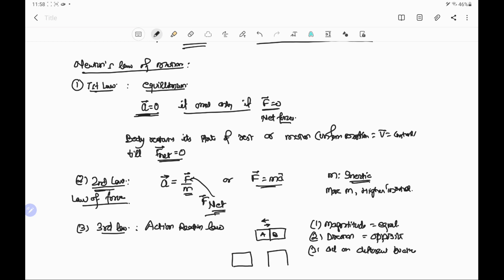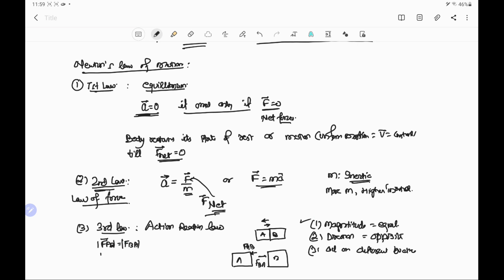Here we can separate these to draw the free body diagram. In terms of action and reaction, if this is A, this is B, this is the force on B due to A, and there is the force on A due to B. So we can say F_AB equal to F_BA in terms of magnitude as per the first statement.